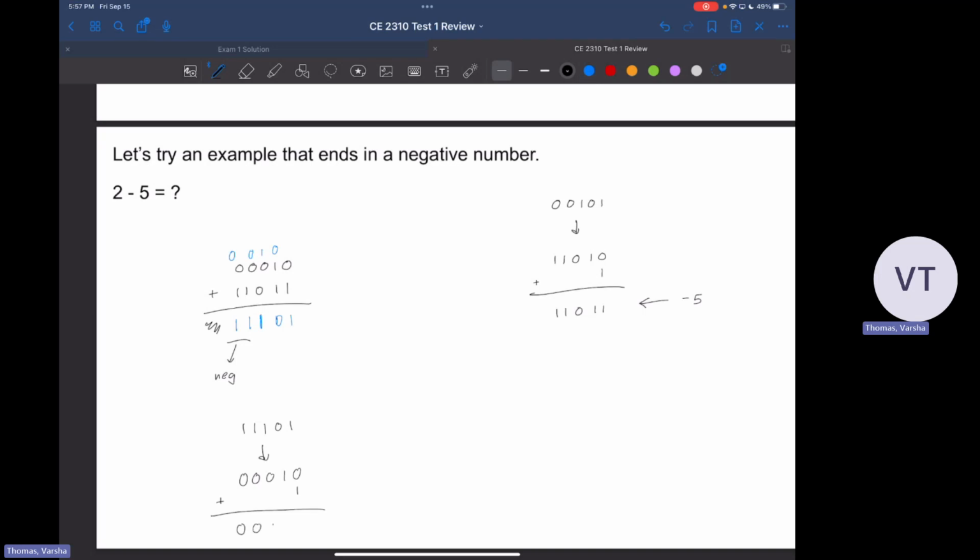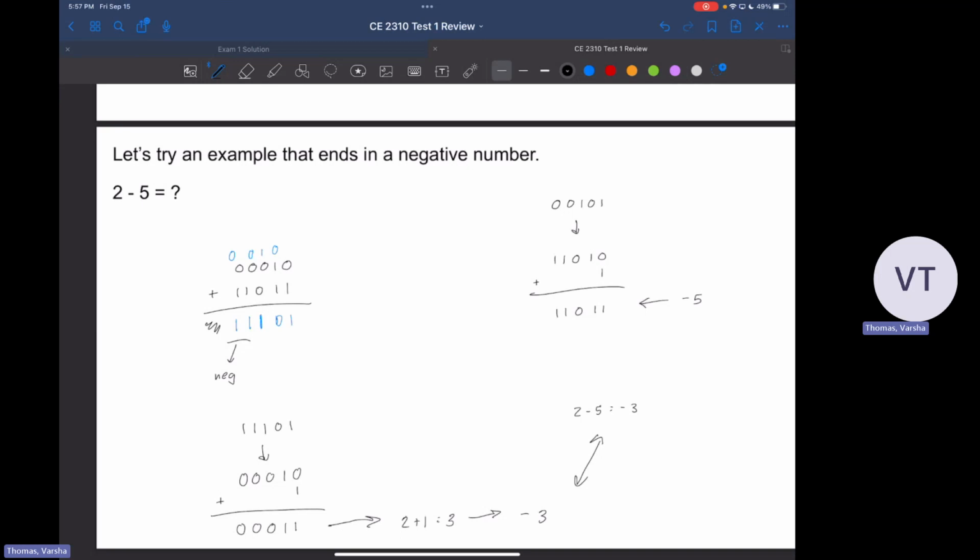We get 0, 0, 0, 1, 1. What is this in decimal? This is the same as 2 plus 1, which is 3. So since we did 2's complement, we should remember that the decimal equivalent is 3, but actually this is negative 3, because we had to do 2's complement to get this answer. 2 minus 5 is negative 3, so our answers match what should have happened.